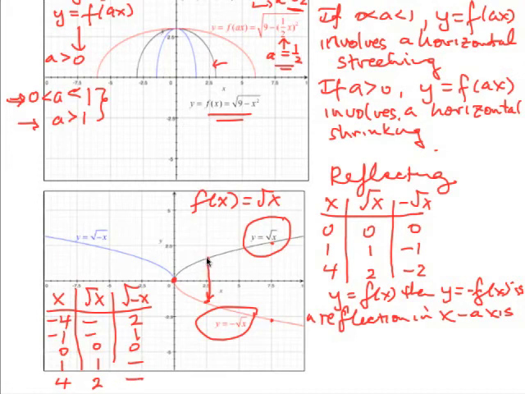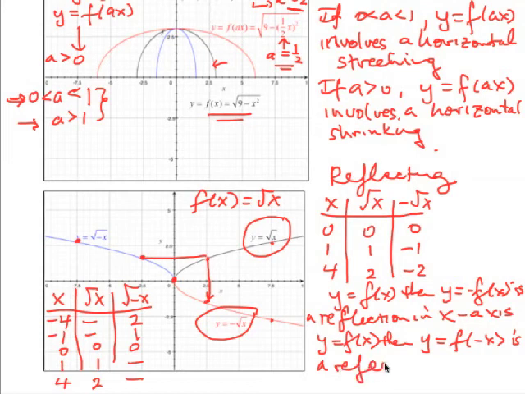And so you can see what happens is that we actually get these points now, and we actually get a reflection in the y-axis. So when y equals f of x, then y equals f of negative x is a reflection in the y-axis.